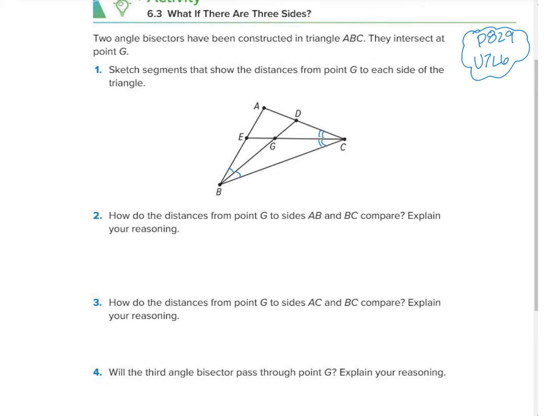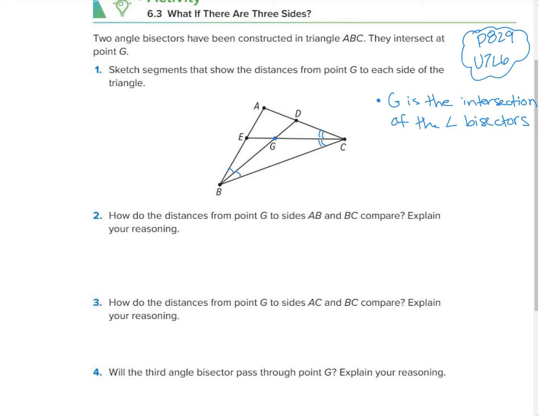It says sketch the segments that show the distance from G to each side of the triangle. So before I do that, let's take a look at where G is. G is the intersection of the angle bisectors.